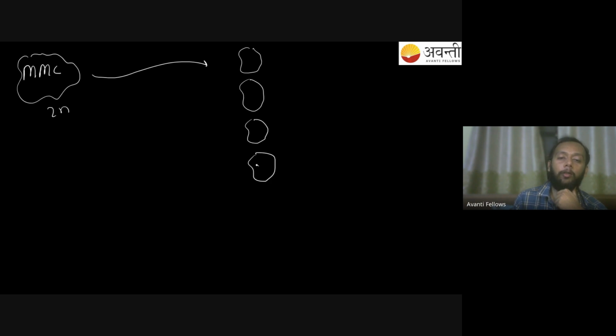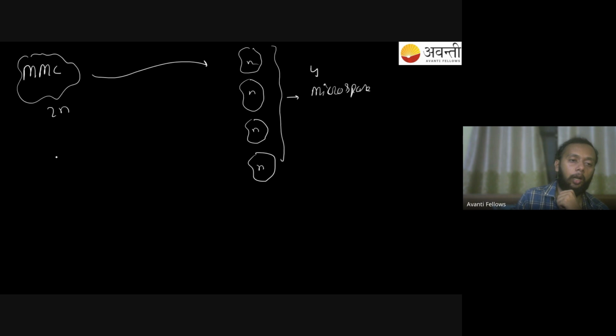All 4 of them are going to survive. So these are my 4 microspores. You will find such questions coming in the exam. Remember, as Shikha told us, after one meiosis you will get 4 pollen grains.